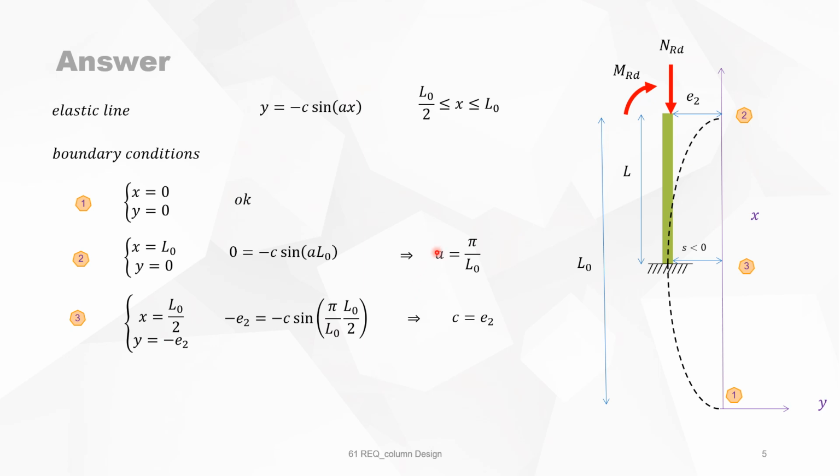So now, because of those conditions, we have a and C, and the elastic line is given by y is equal to minus e2 sin(pi over L0 times x).